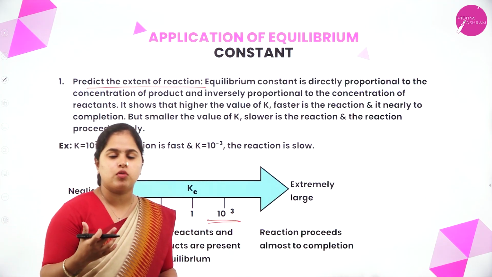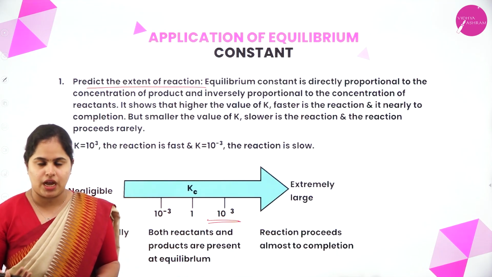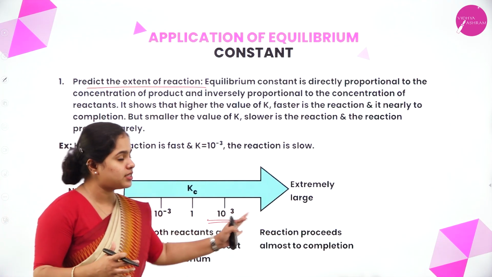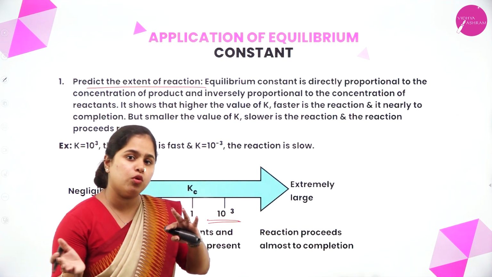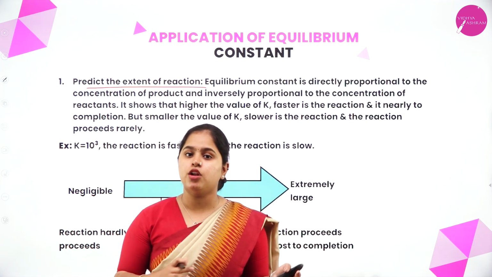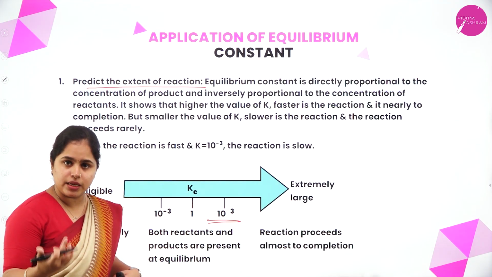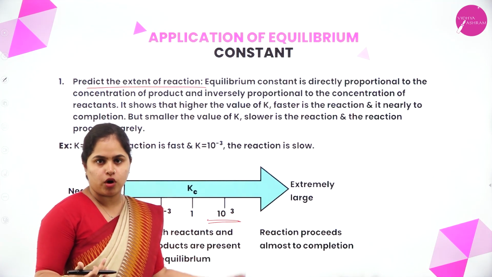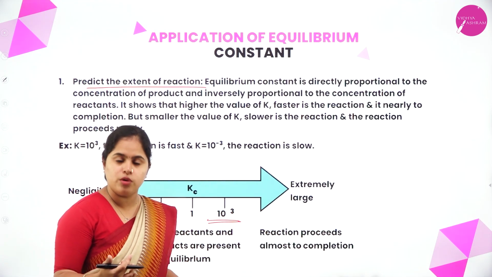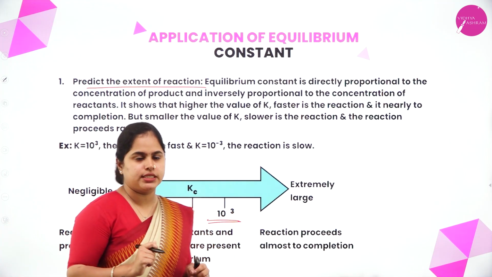If the value of the equilibrium constant is 10 raised to 3 and more, the reaction's extent is towards the product side. That means most of the reactants have already been converted into products, so the concentration of the products is more. That indicates the reaction is almost about to be completed.